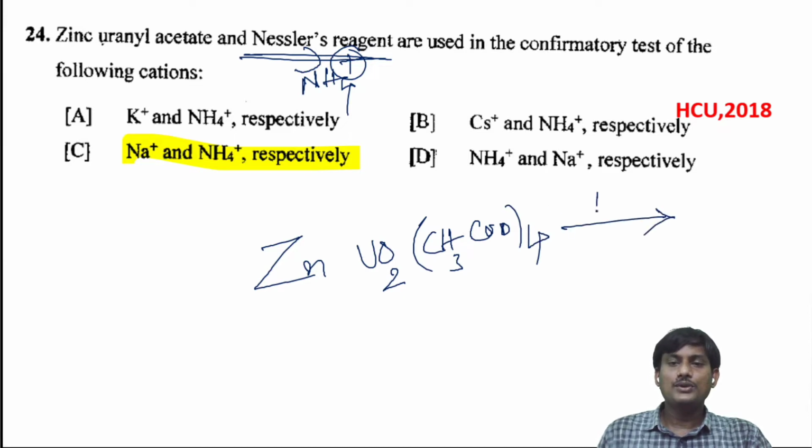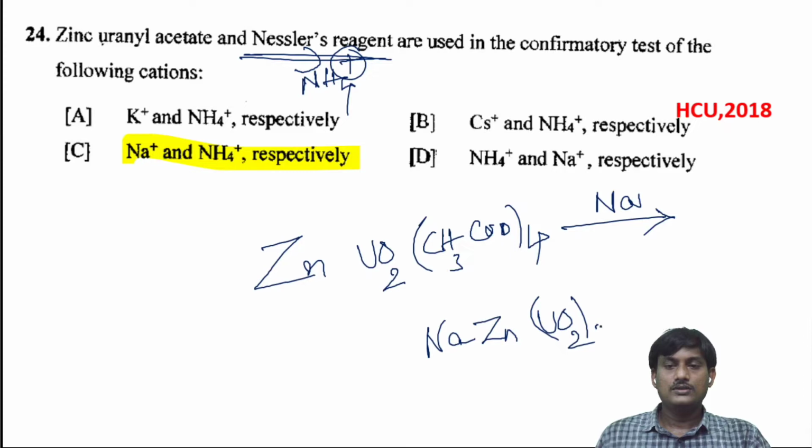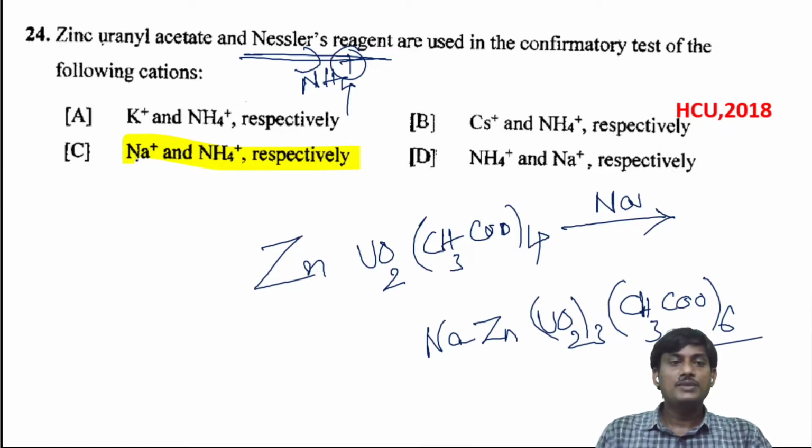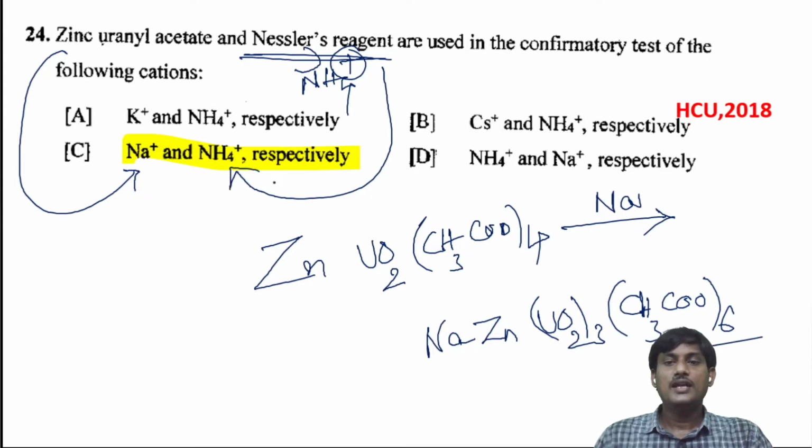When you react with sodium, there is a formation of a yellow colored solid. Here you will get NaZn(UO2)3(CH3COO)9. This is the yellow colored complex you will get. So zinc uranyl acetate is used for the confirmation test of Na plus, and Nessler's reagent is used for the confirmation of NH4 plus.